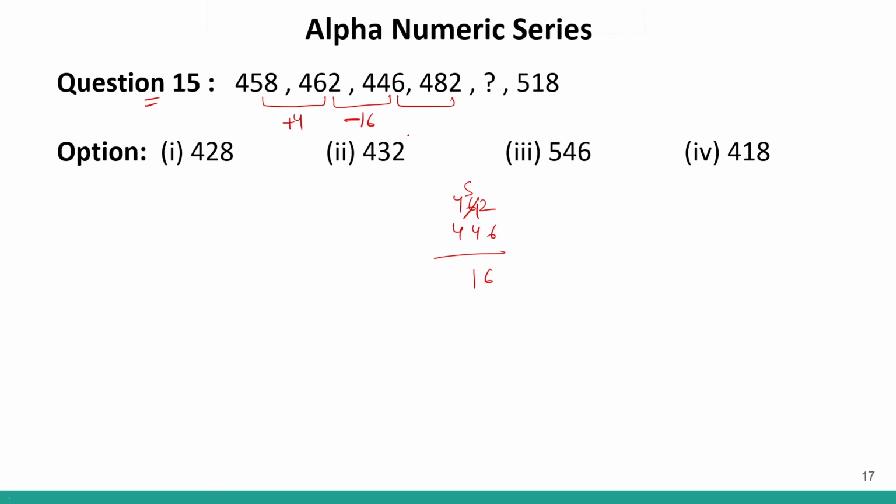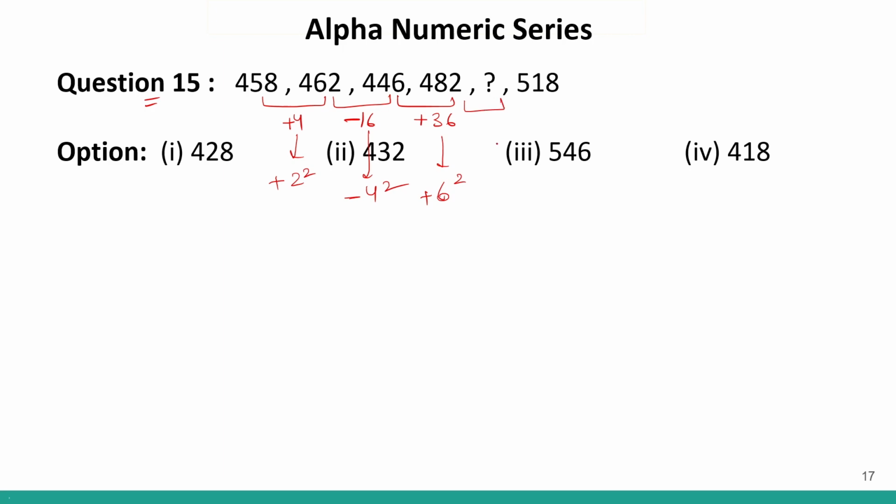This one is basically plus 36. Correct? So now I can see these are all multiples of 4. This is 2 square, I can say. This is 4 square. Subtraction of 4 square. This is addition of 6 square.